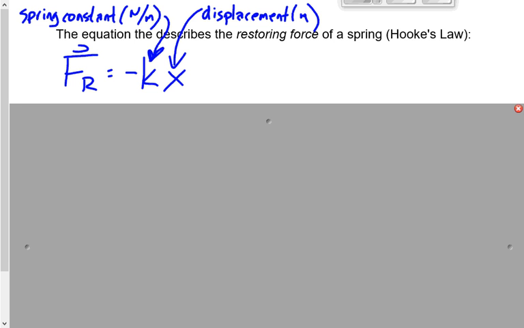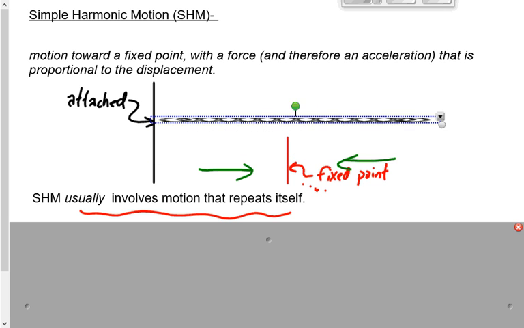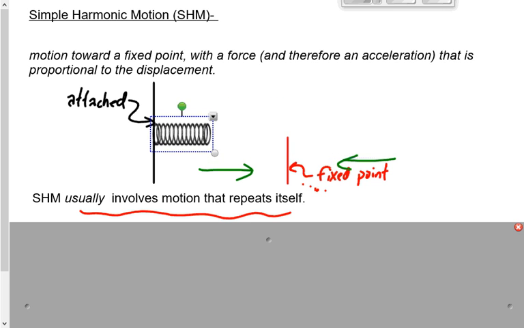So the restoring force, the force that pulls this spring back, this green force that I have labeled here, is equal to the spring constant, the stiffness of the spring, times the displacement, how much it's stretched or how much it's compressed.